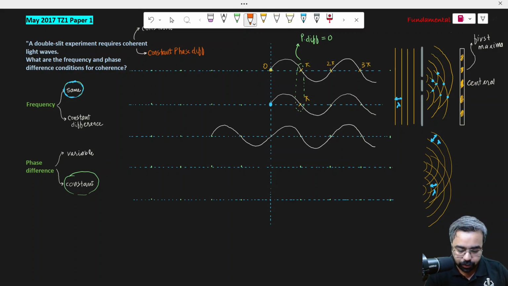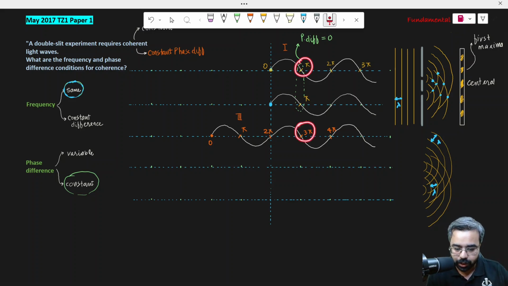Why? Because if you consider this point, this is 0. For this wave, it is pi, this is 2 pi, this is 3 pi, and this is 4 pi. Now compare the first wave with the third wave. I'm going to consider the interference between these two waves. So now notice, this is pi and this is 3 pi.